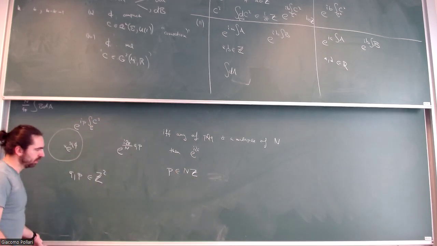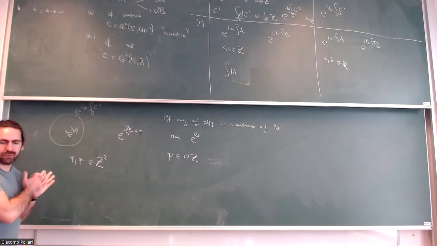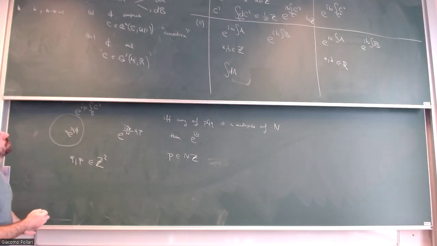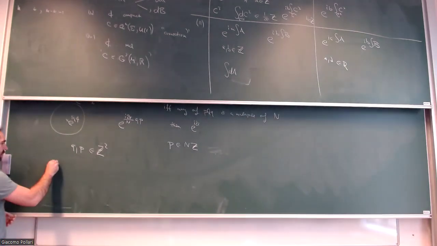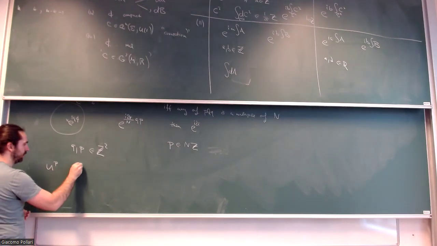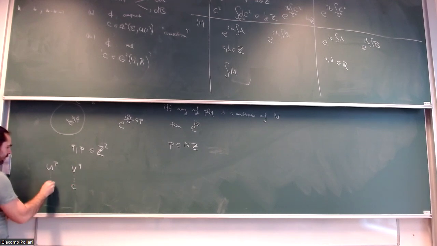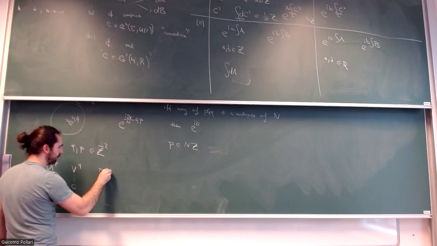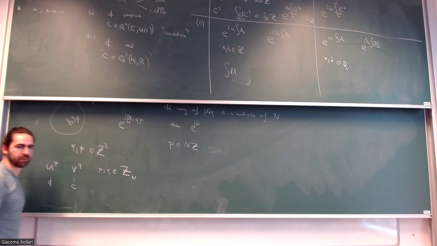So it seems like an ambiguous description of a theory, and what you should learn from that is that instead of having these two types of operators, P and Q, with these P and Q should really be Z_N.